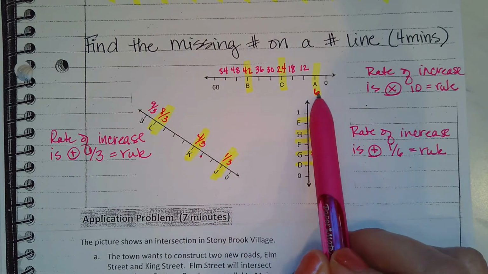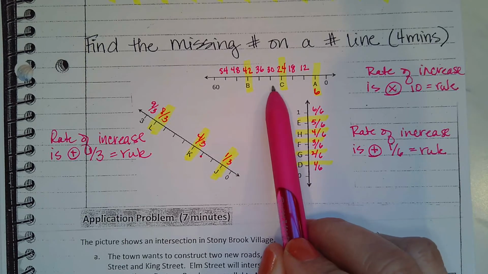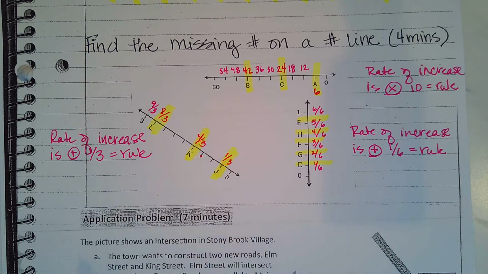So increasing, it's partitioned into 10 intervals. All right, so the rule is multiply by 6.